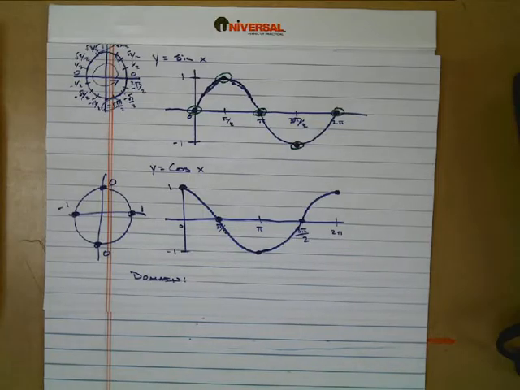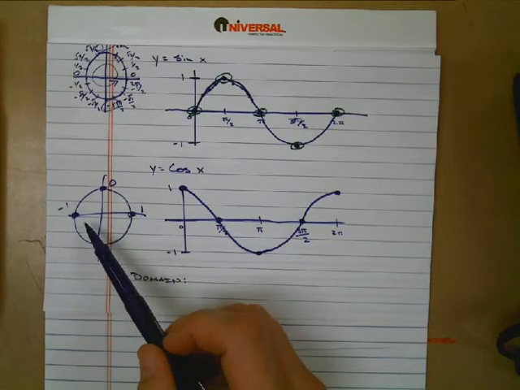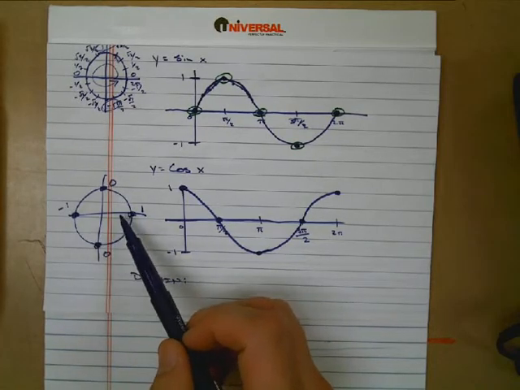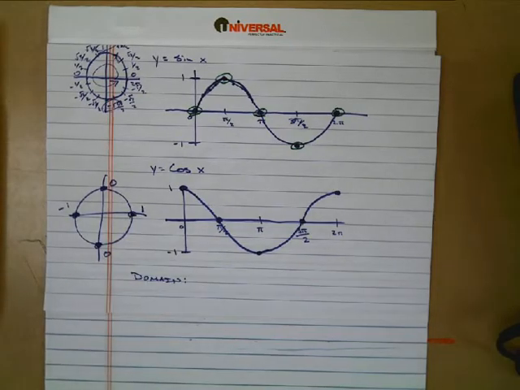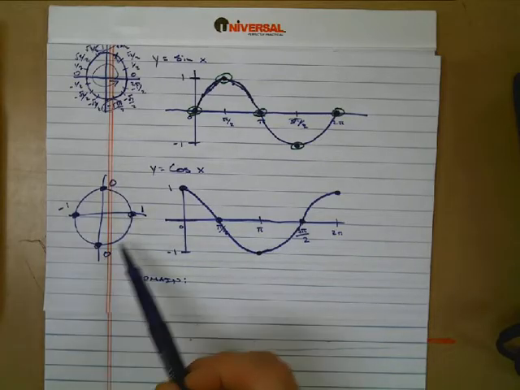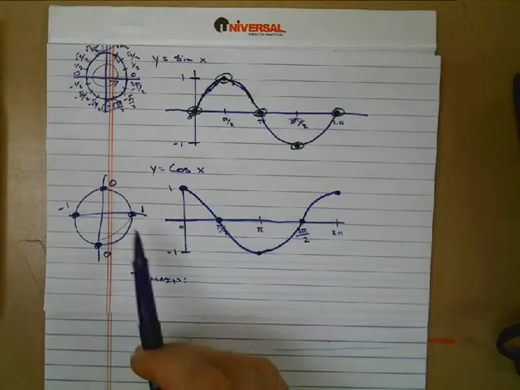Positive angles rotate counterclockwise, and negative angles rotate clockwise. Well, the question is, what are the limits on how far we can rotate or how many times we can go around this circle in the positive direction? No. How about the negative direction? Again, no. So the domain of these is negative infinity to infinity.